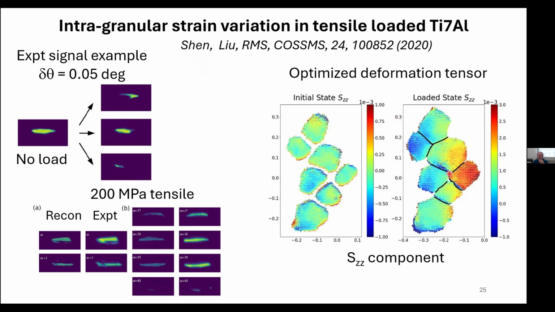And these images just show you one component of that tensor. First, in the initial state, where the strains are all clustered pretty close to zero, and then under load we see larger average strains, and in this case a tensile strain.